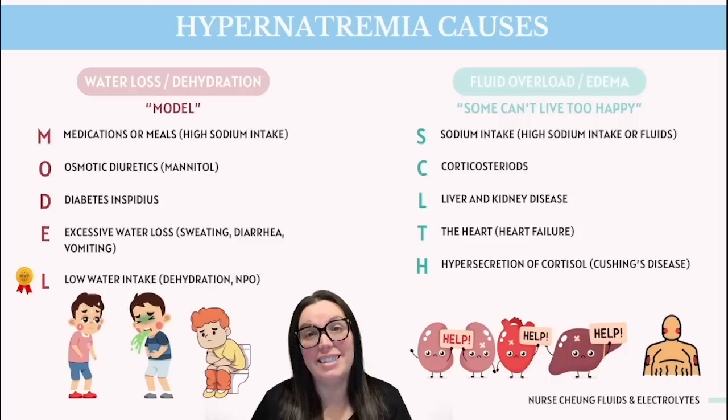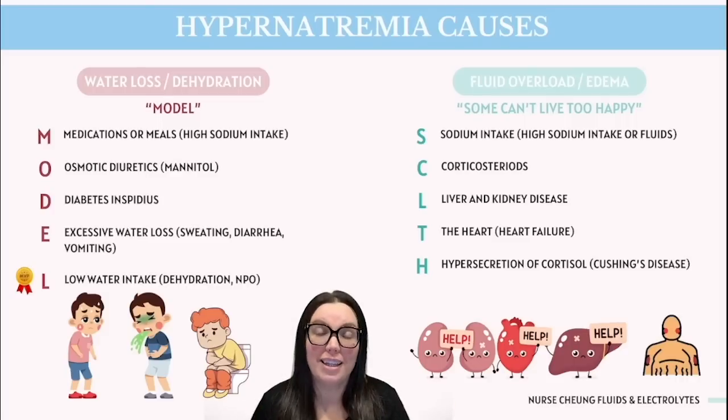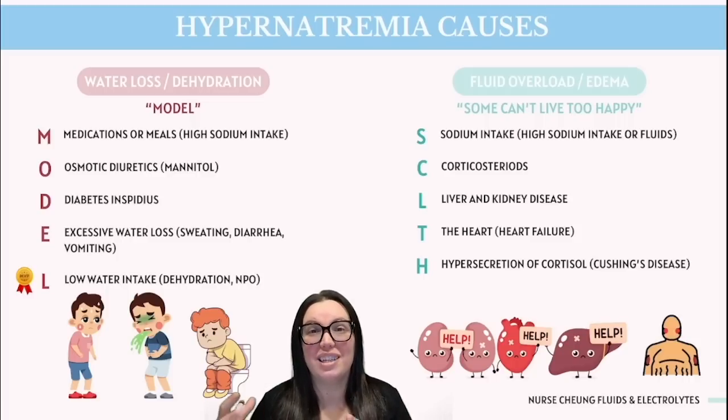Now moving on to D, which stands for diabetes insipidus. Diabetes insipidus, also known as DI, is a condition where the body cannot properly regulate water balance, leading to excessive thirst and large amounts of diluted urine. This happens because antidiuretic hormone, also known as ADH or vasopressin, is either not produced in sufficient amounts, which we see in central DI, or the kidneys do not respond to it properly, as we see with nephrogenic DI.